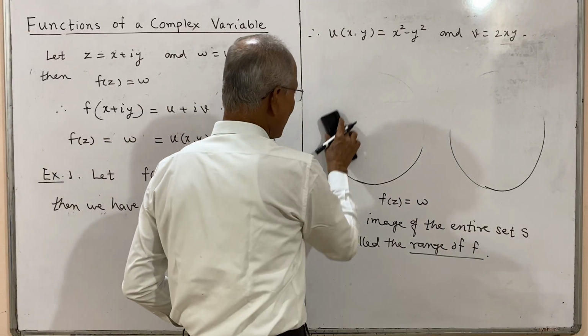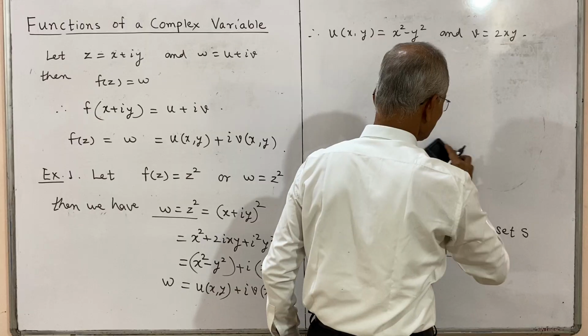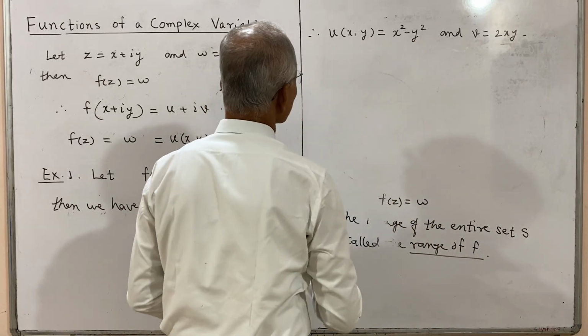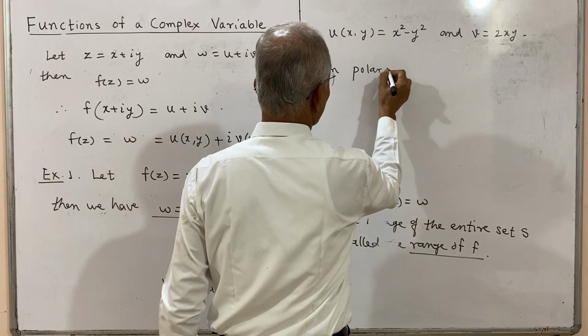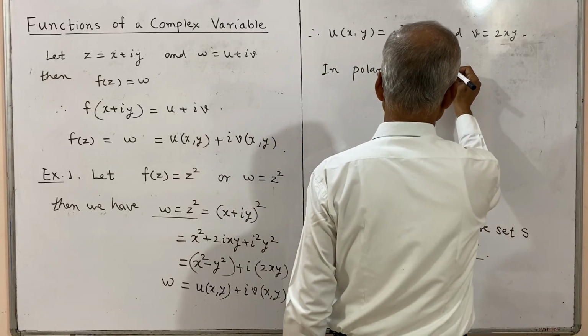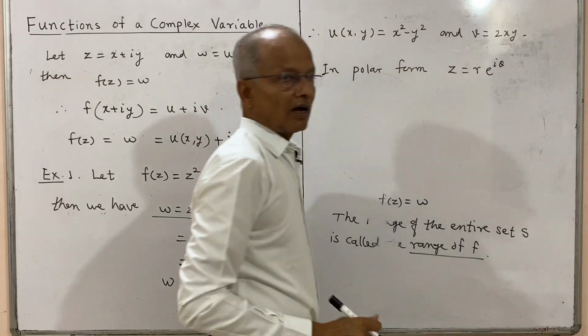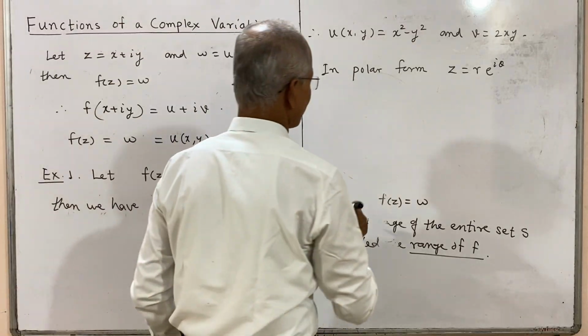Now in polar form we can consider the same function. In polar form, we have z is equal to r e power i theta, and therefore the same function w is equal to z square.